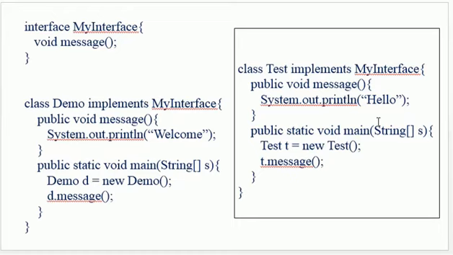Because interfaces don't provide any implementation. So the class which wants to make use of these interfaces is going to provide the implementation. For example, the Demo class is providing implementation in its own way, and this Test class is providing implementation in its own way. So these are the ordinary interfaces that we are habitual of working with.